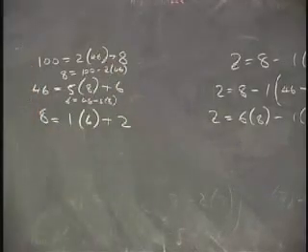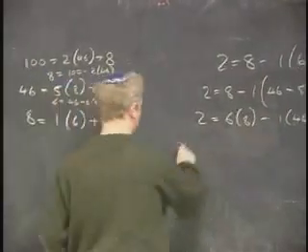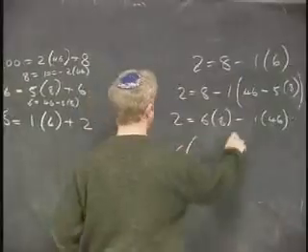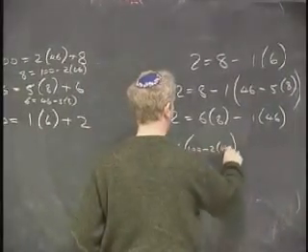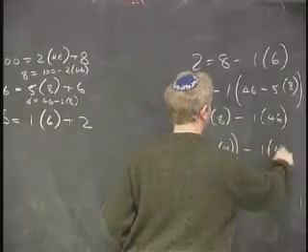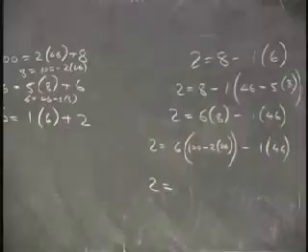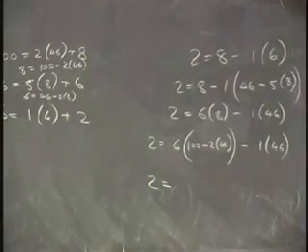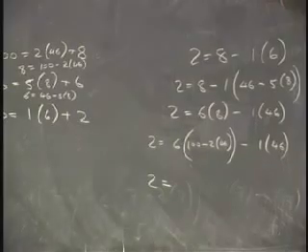Well, there it is. That line tells us the relationship between 8s and 46s and 100s. So 8 is 100 minus 2 times 46. 2 equals 6 times 100 minus twice 46 minus 1 times 46. So 2 equals, now you can combine everything together. Did we do it all right? Did I make any mistakes? I hope not.